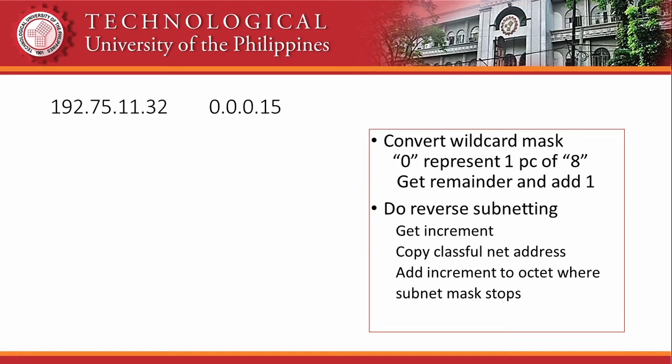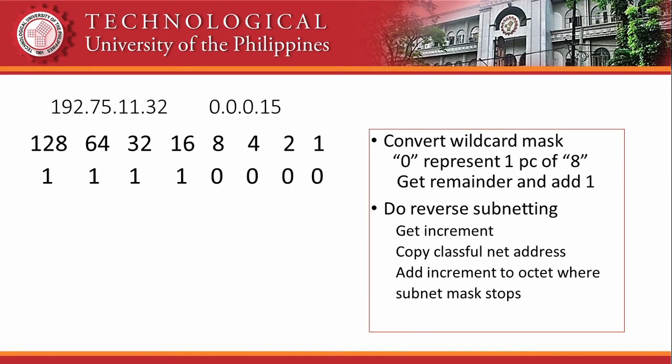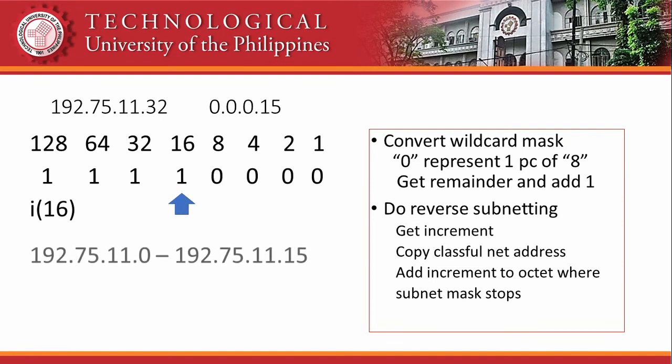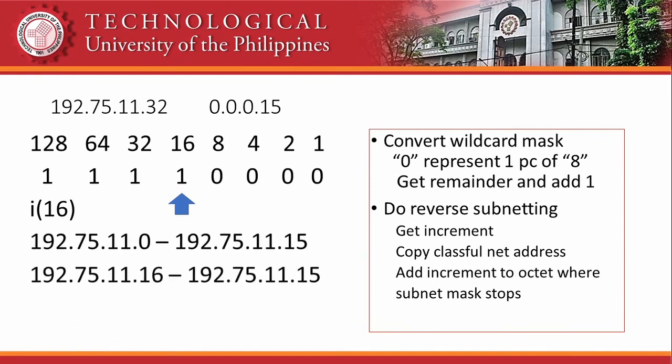Okay, so proceed na tayo sa second step. Gagawin na natin yung reverse subnetting. Diba una kukunin natin yung increment since yung last octet natin ay may value nung kinuha natin yung subnet mask. Ito ay yung 16. So, ang magiging increment natin ay 16. Which octet tayo may huling value sa subnet mask? Diba sa fourth octet? So, doon tayo mag-increment by 16. Since hinahanap natin yung range kung saan papasok yung address na 192.75.11.32.